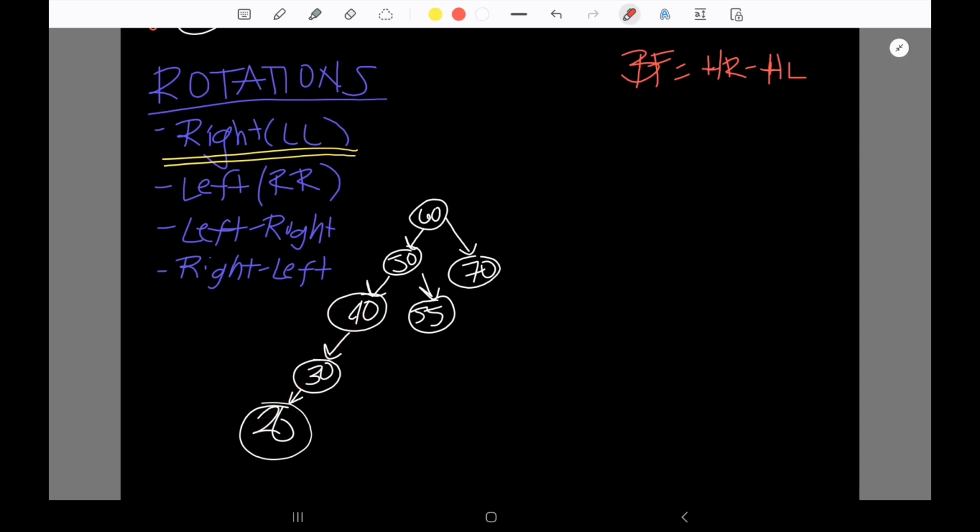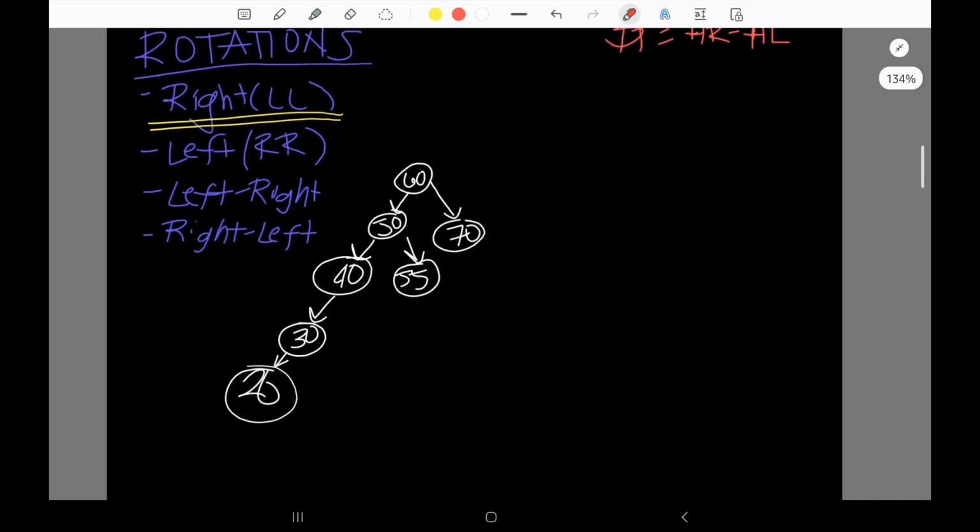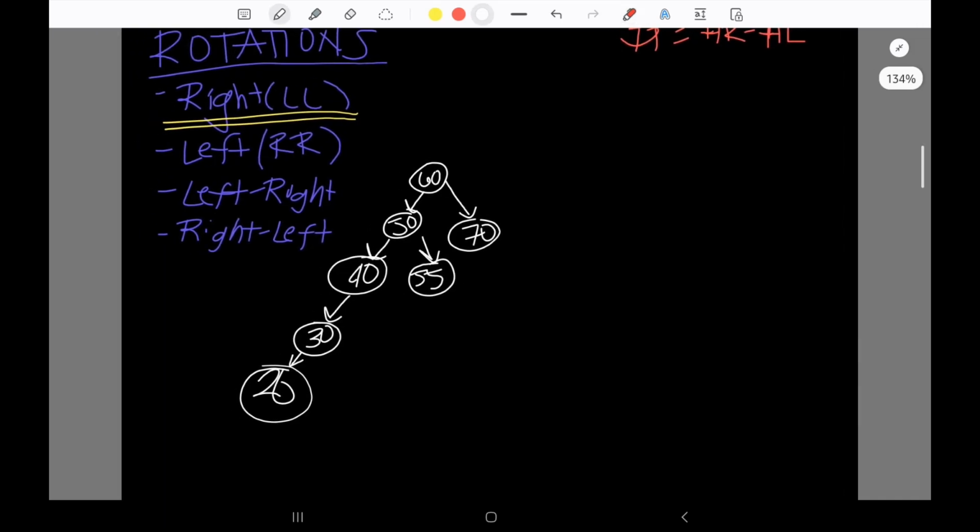So we're gonna rotate because we encountered an unbalanced node. So let's rotate this, guys. What is the new root of this subtree? 30, correct.